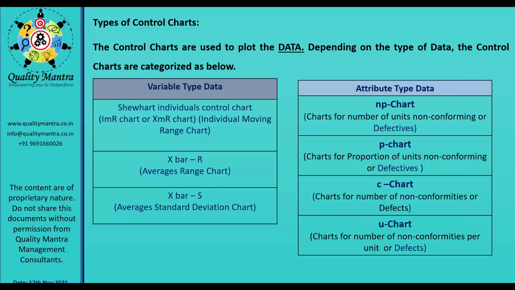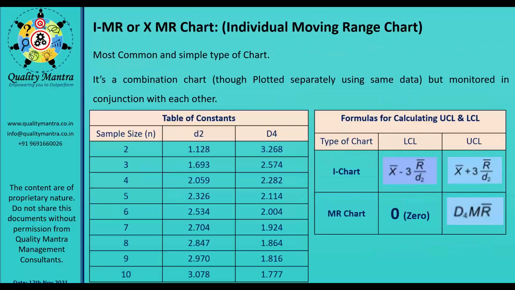Okay, so now let us move to the IMR chart or XMR chart. Individual moving range chart is used extensively in the industries. It is a most common and simple chart, and it is not a single chart, it's a combination chart.